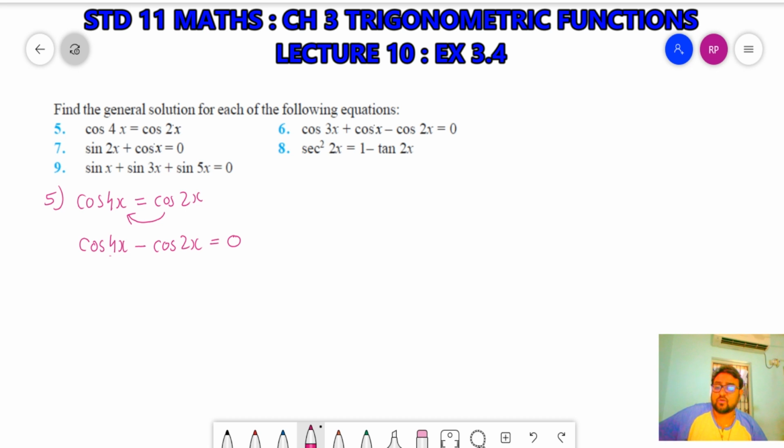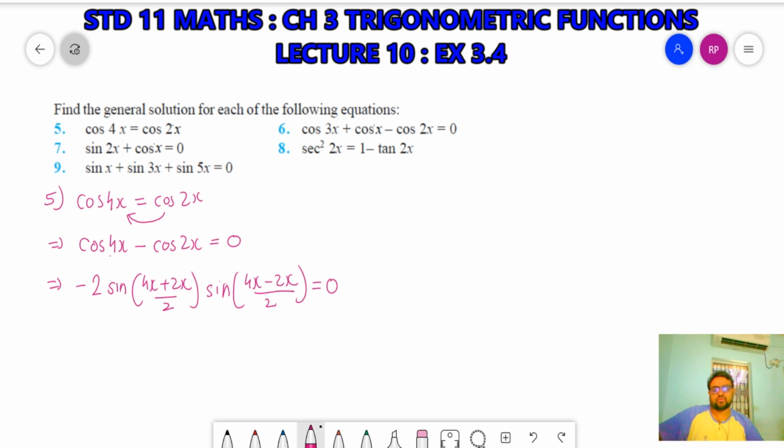Now I will use the formula for cos C minus cos D, which is minus 2 sin (C plus D) by 2 sin (C minus D) by 2. So this implies minus 2 sin of (4x plus 2x) by 2 times sin of (4x minus 2x) by 2, equal to 0.